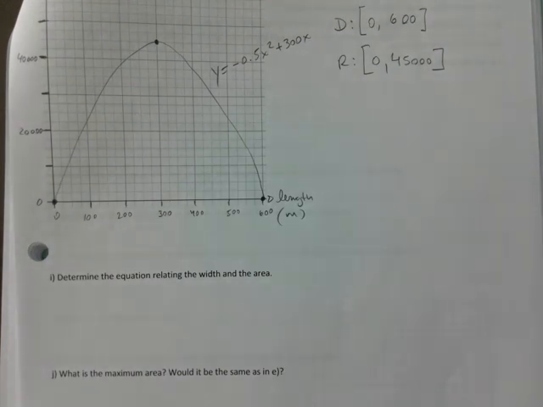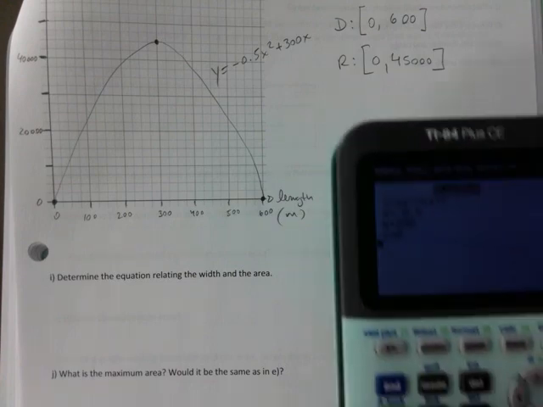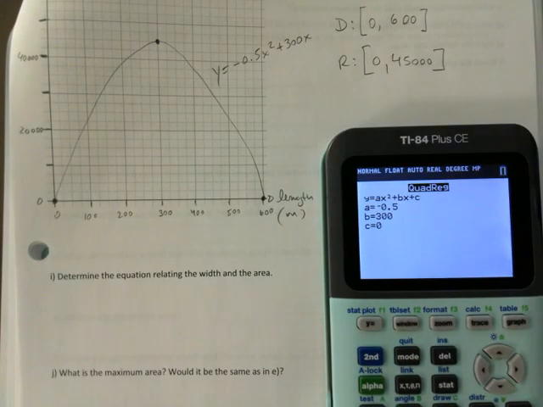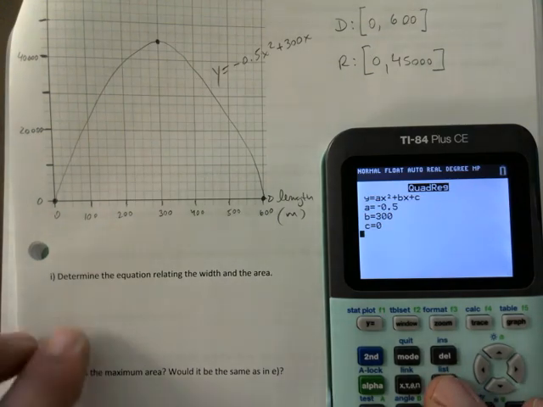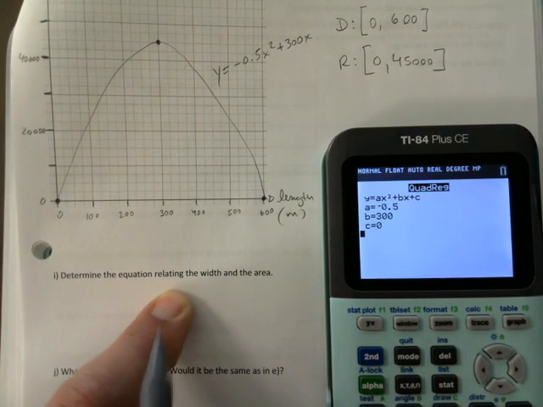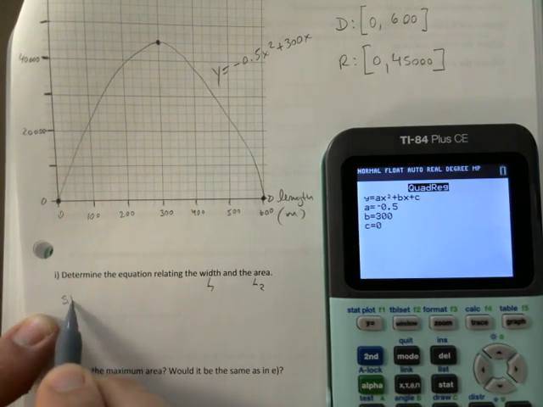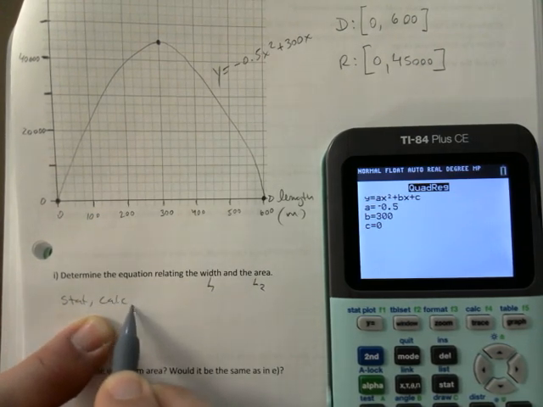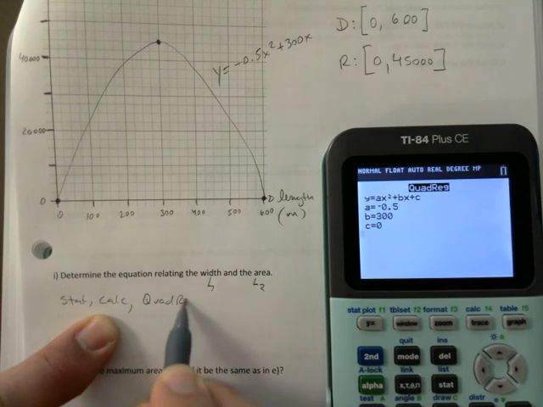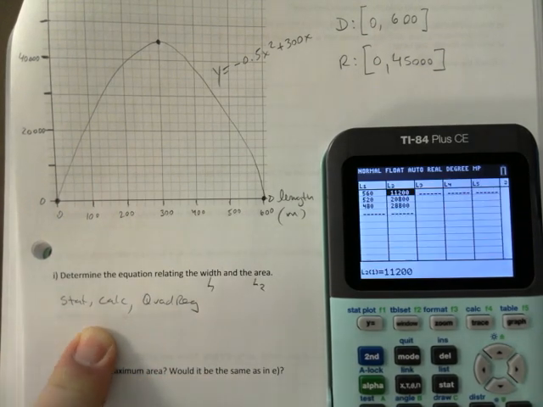Determine the equation relating the width and the area. I feel like you get it already at this point, but let's walk through it. The equation relating the width and the area. Stat, calc, quad reg. Let's go through the motions anyways here. Stat.